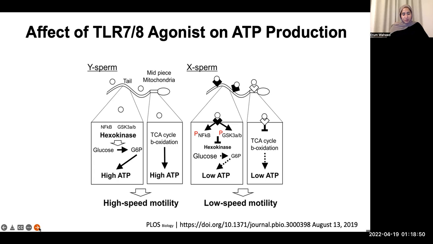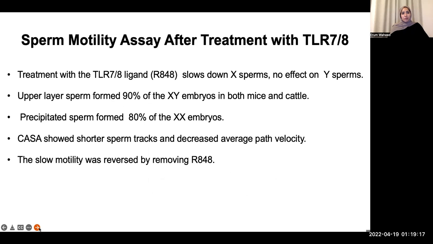When the agonist resiquimod binds to its receptor, it results in the phosphorylation of nuclear factor kappa B and glycogen synthase kinase alpha beta, which results in reduced production of hexokinase, thus decreasing the production of ATP in the mitochondria and glycolytic pathway, reducing the speed of the X sperm without affecting the speed of the Y sperm.